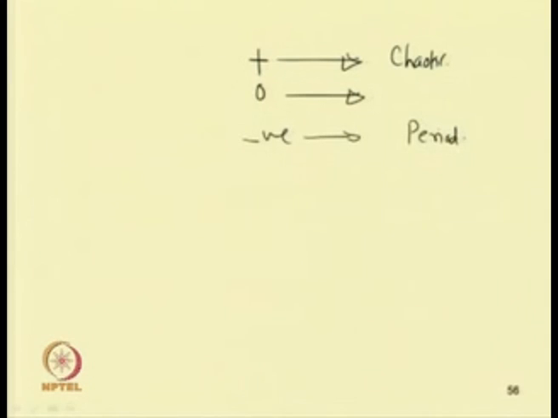For a one dimensional map, a positive Lyapunov exponent means the response is chaotic, if the Lyapunov exponent is 0 it is marginally stable, and if it is negative, then one gets a periodic response.